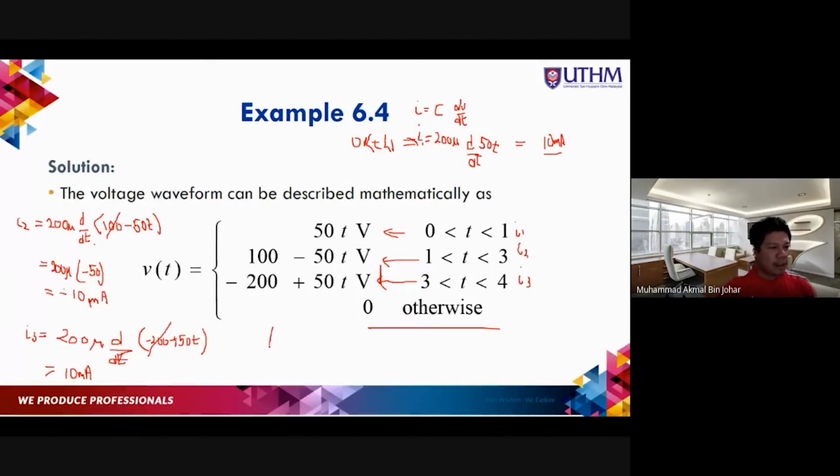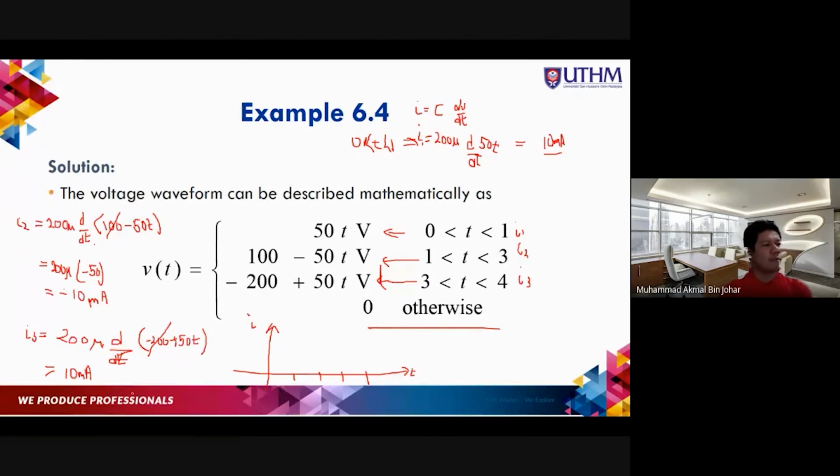Kita boleh lukis graf kan. Terhadap 1, 2, 3, 4. Kosong hingga, so this is the T. This is your I right now.